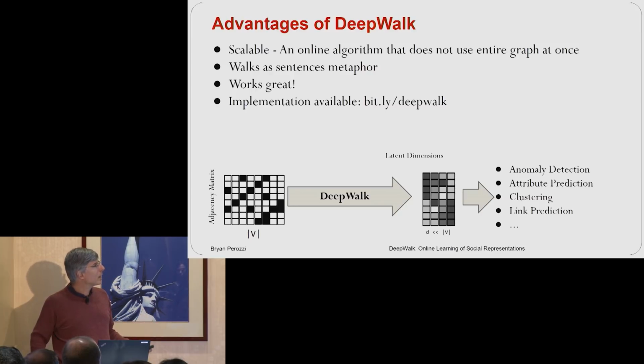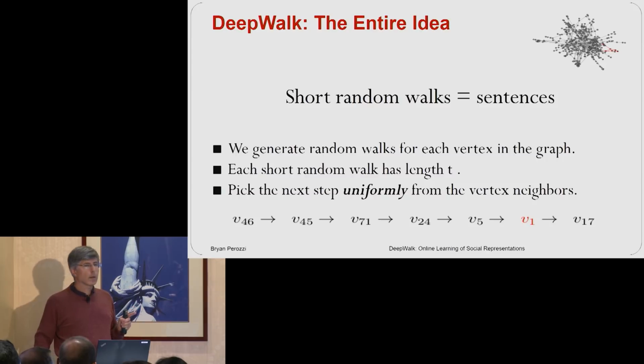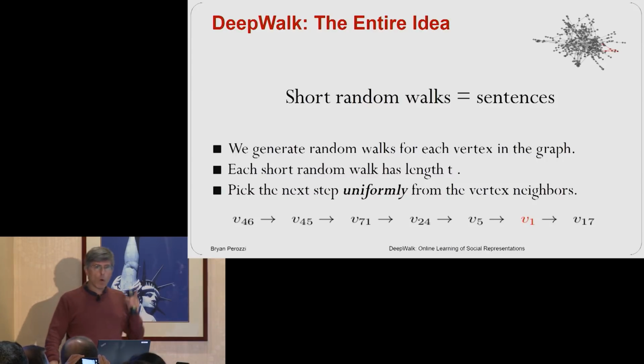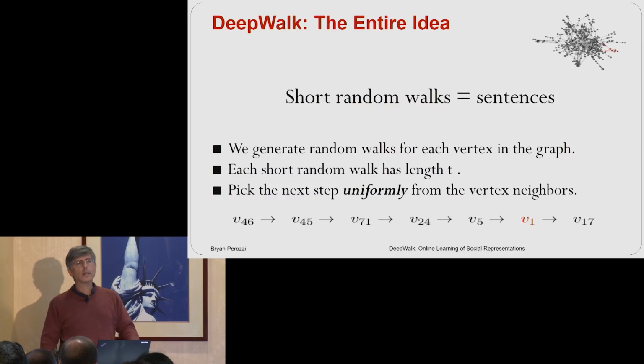The connection with what I said before is that it works on an analogy with natural language. If you have a vocabulary in a language, what are sentences? Sentences are sequences of words. And what is a walk on a graph?